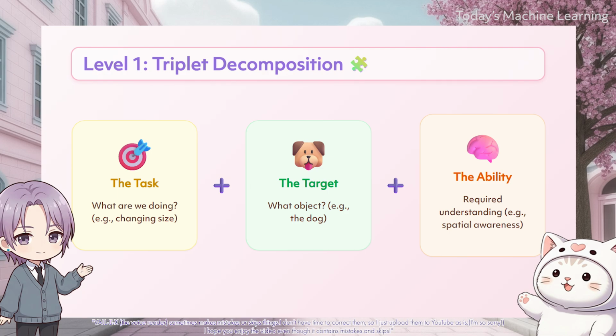For example, if you say to make the dog bigger, the task is changing the size, the target is the dog, and the understanding ability is knowing where the dog is in the picture. By forcing the AI to identify these three specific things every single time, the AI gets a much deeper and more granular understanding of what it needs to do. It looks at every single object in the image and decides if it needs to be edited or left alone.